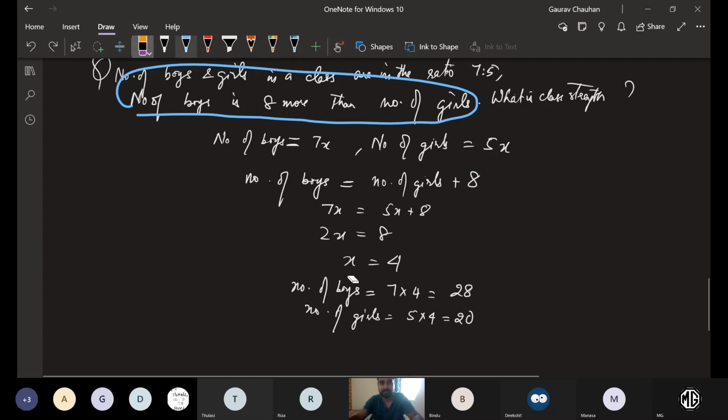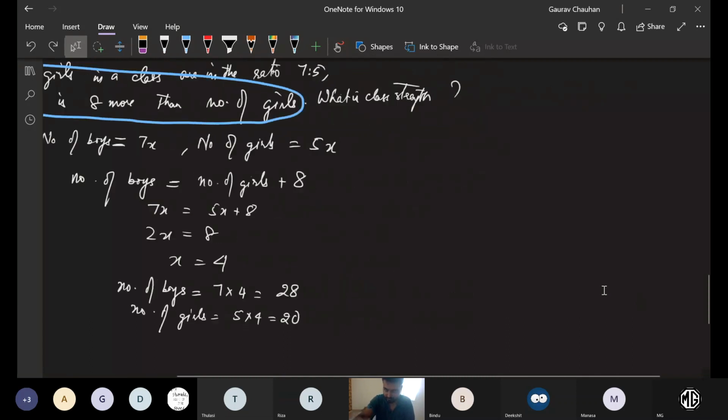So I want you to just write this much. I don't want you to write this whole thing. I just want you to write this much in a box, in a corner somewhere. Ratio type questions.